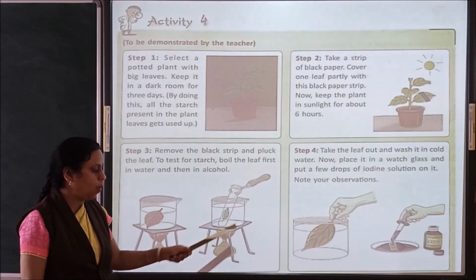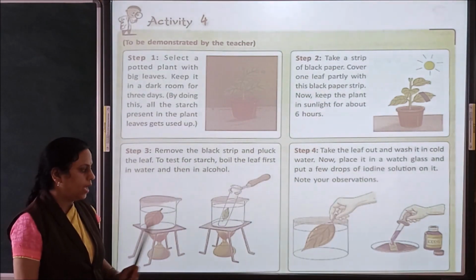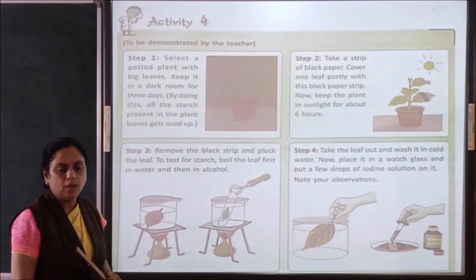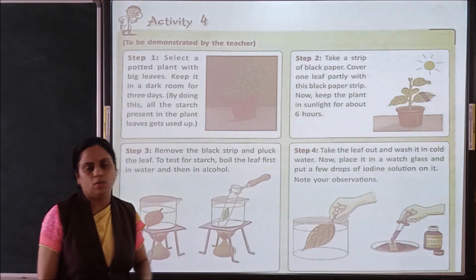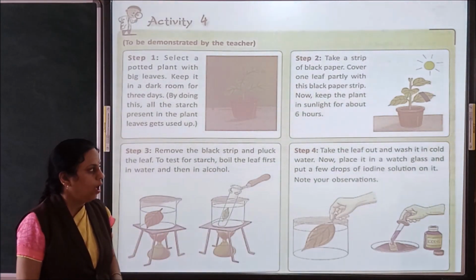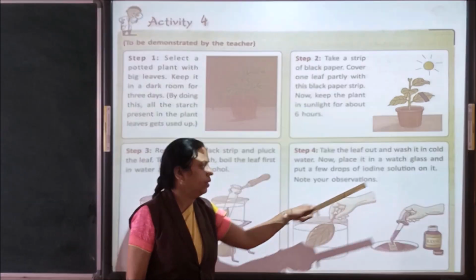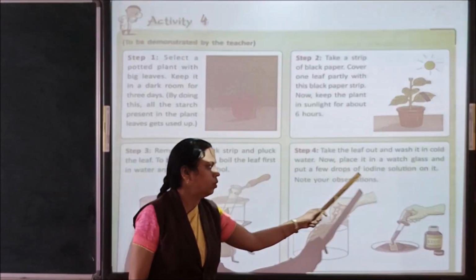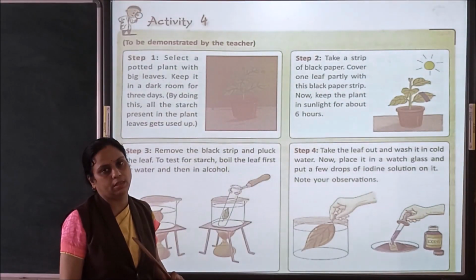Then again you have to boil the test tube in the beaker. As the leaf becomes colorless, you have to wash the leaf in cold water. Now you have to place the leaf in a watch glass and add a few drops of iodine solution in it.